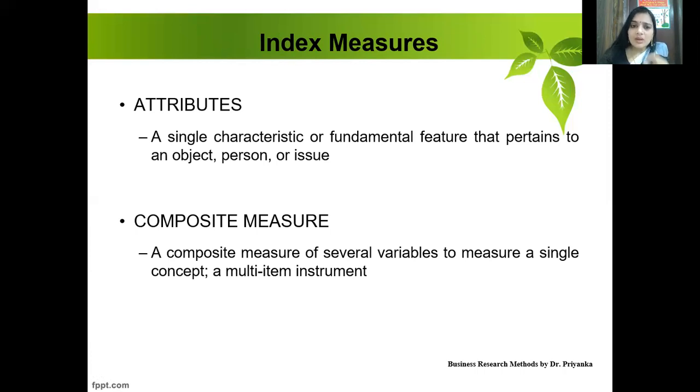When we talk about the index of BSC steel, BSC steel would comprise only the companies which are from the steel industry. For example, if we talk about BSC telecom, then only telecom companies would exist in the BSC telecom index. So this is how we actually form an index. It is a composite measure of all the available items.